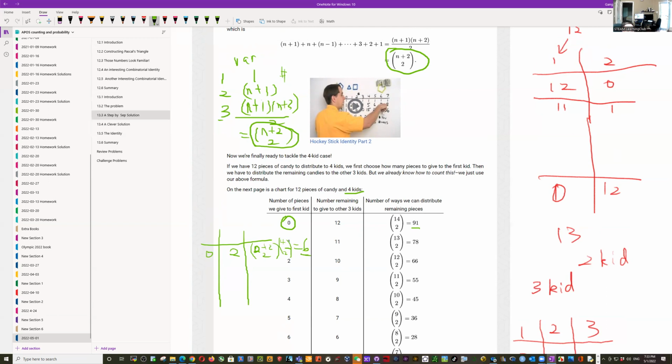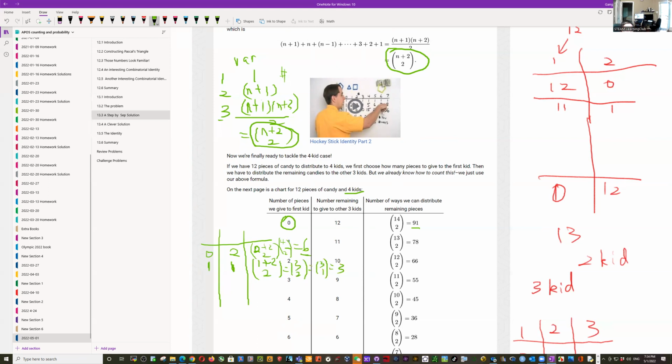Then we can also give 1 candy to the first kid and 1 candy left to distribute among the other kids. That actually becomes 1 plus 2 choose 2, which is equal to 3 choose 2, which is equal to 3 choose 1, which is equal to 3.